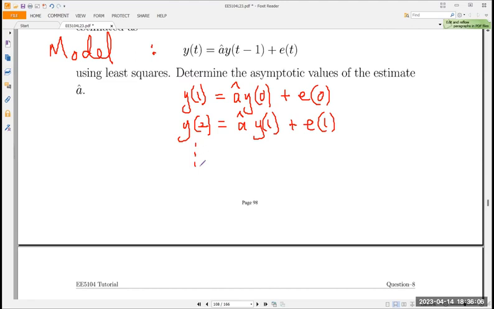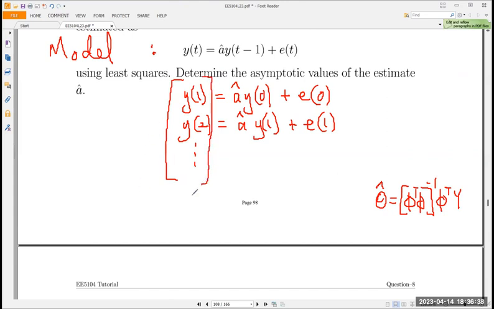So to do your least square, you need to find out what is y, because finally your least square formula looks like that. So you need to know what is phi and what is y. So it's obvious, this one here is your y.